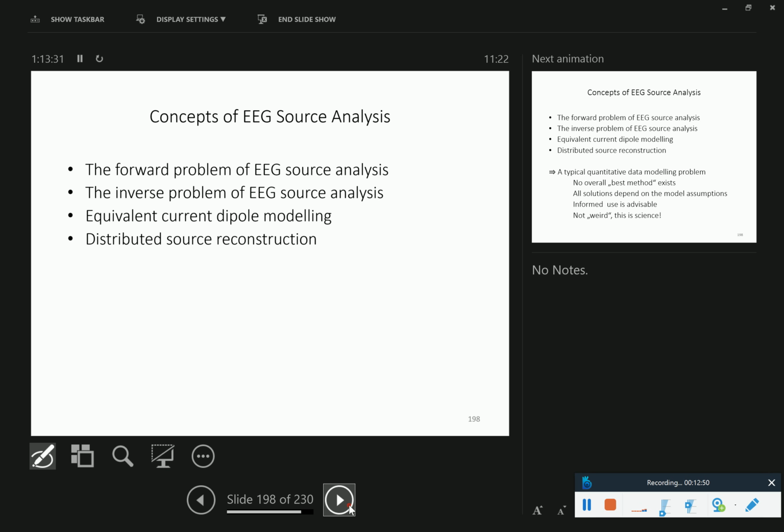So that's one thing, but then for real data and the real brain, how good it is is really hard to answer, because like always with real data, you don't have a ground truth. So what you ideally would want is a physical model that is somehow like the brain, but 3D and constructed, where you can turn on some activity at pre-specified locations, record EEG and see how good that is.